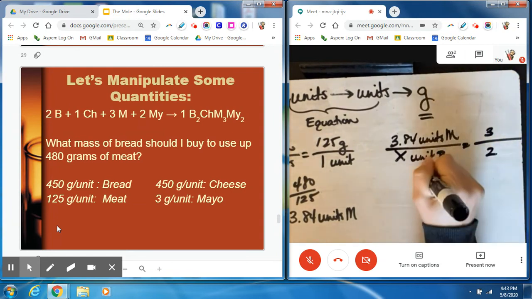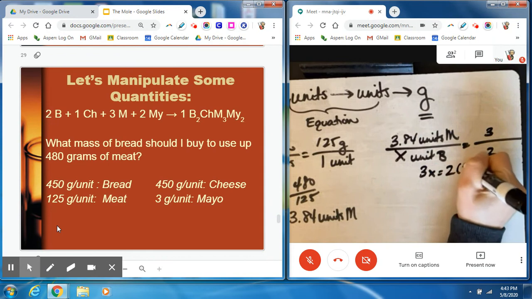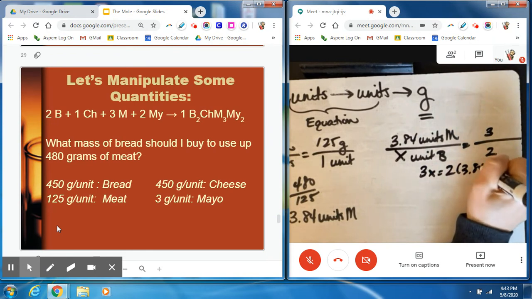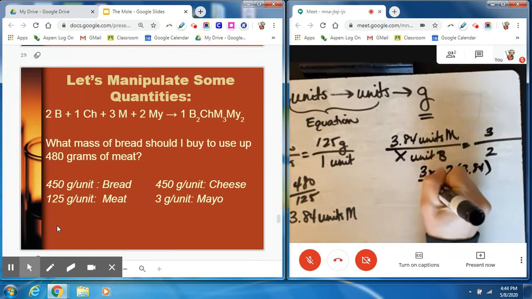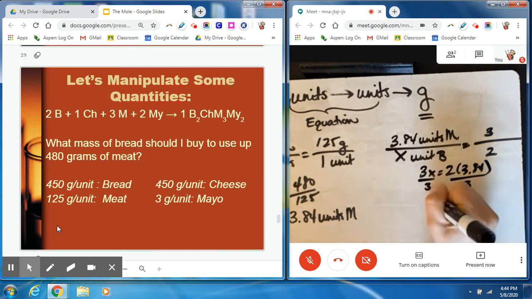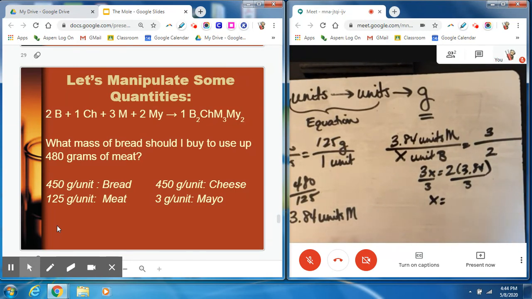So that means that 3x is equal to 2 times 3.84. Divide both sides by 3. And x is equal to 2 times 3.84 divided by 3, 2.56 units of bread.